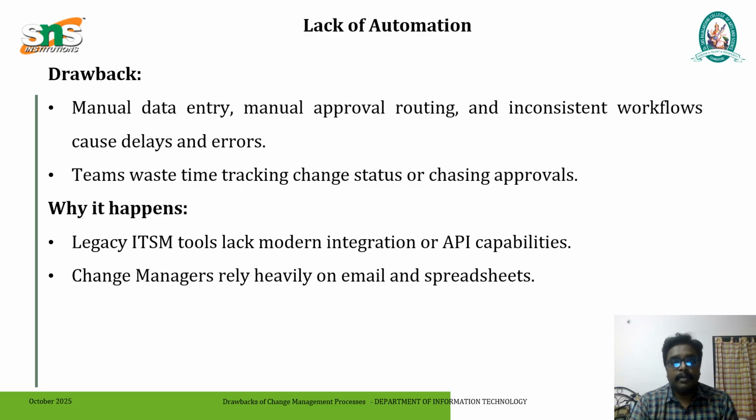Next, lack of automation. Till now we have been following manual data entry, manual approval routing, and inconsistent workflows, which is the reason for delays and errors. The teams waste a lot of time tracking the changes that have been made, and people are always trying to find out the status of approvals.